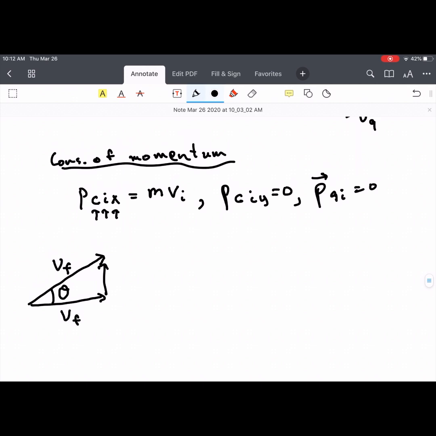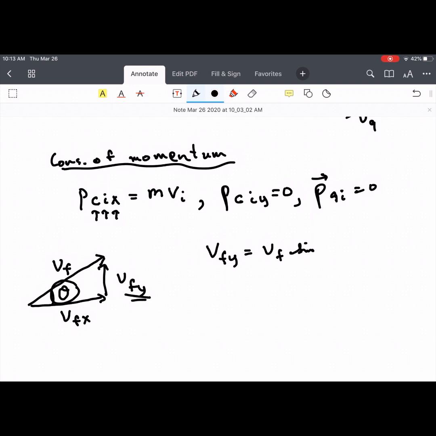So velocity final x, velocity final y. And do our usual bit of trig. Y is opposite the angle theta, so that's my sine. v_fy is v_f sine theta. And then, of course, v_fx is cosine. v_fx is v_f times cosine theta.